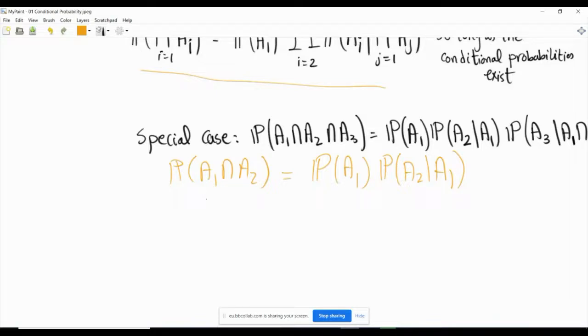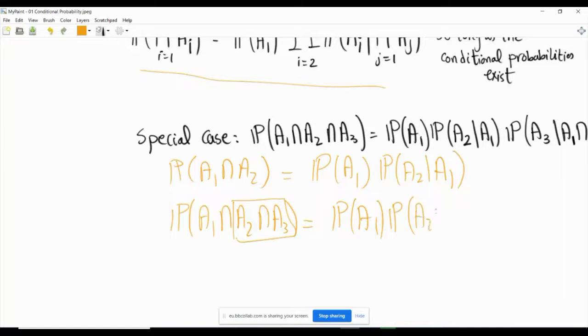What if you have 3 events? So 3 events, A1 intersection A2 intersection A3. Well, you can think of these two together. So this is the probability of A1, like here, and then the probability of A2 intersection A3 given A1.